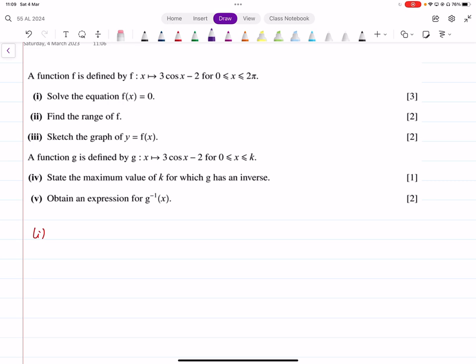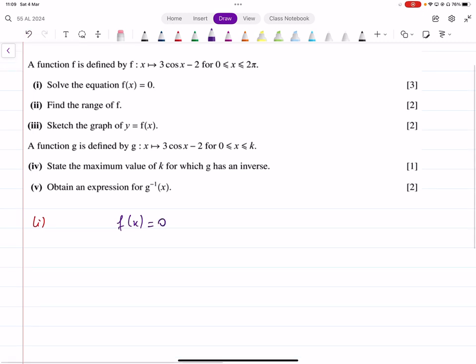This is the function that I have. F of x equals 3 cos x minus 2, for x between 0 and 2 pi. First of all, in the first part, we need to solve this equation. F of x equal to 0.